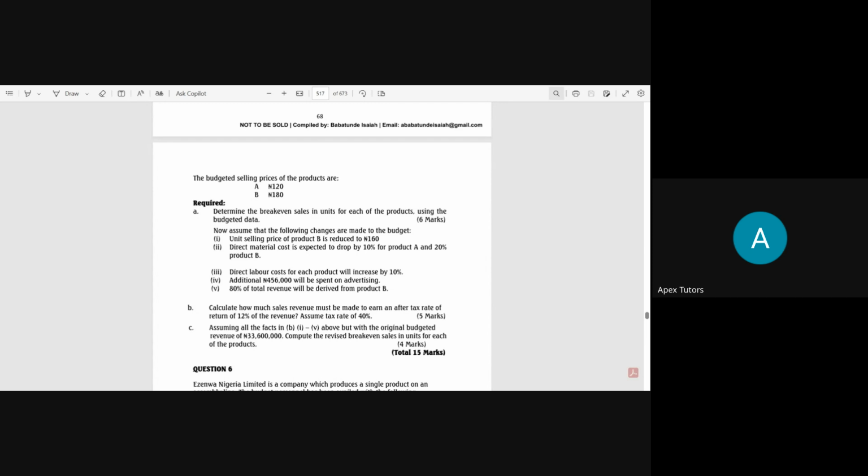We should compute the revised break-even sales in units for each of the products, by assuming that the revenue is 33,600,000. So to compute this is computation of revised break-even sales.